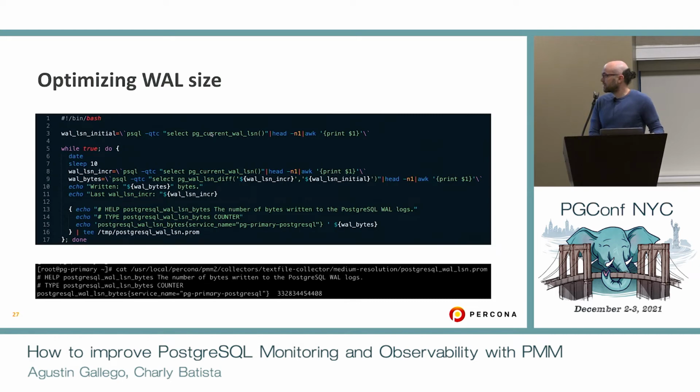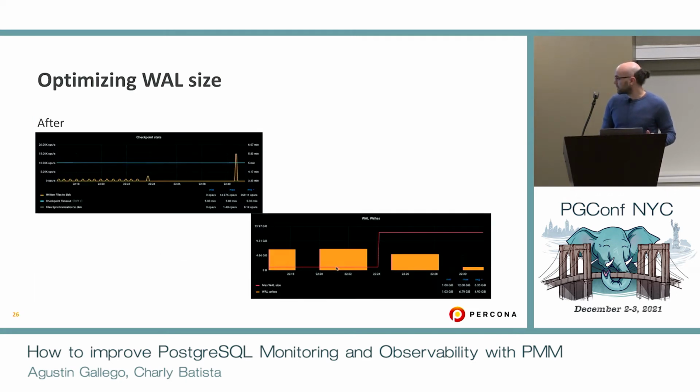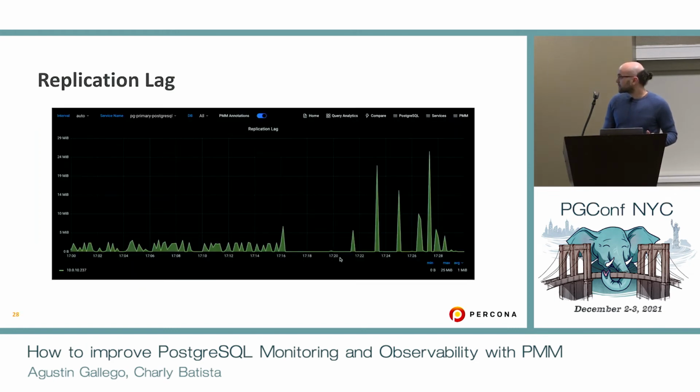So what we do is get the LSN, and every 10 seconds we just calculate the diff with these PostgreSQL functions, and we get the amount of bytes that were written in that time. So the collector will run every, in this case we use the medium resolution, so it will run every 10 seconds and collect this data and graph it and use it to create these graphs, okay?